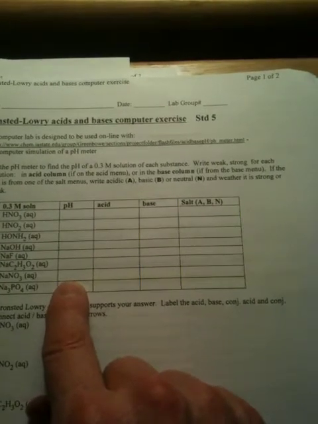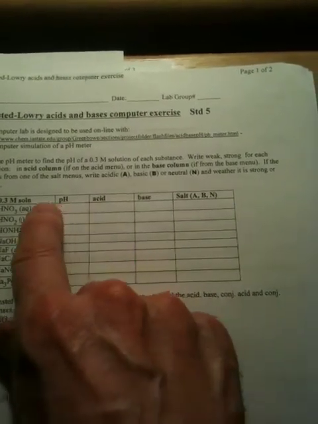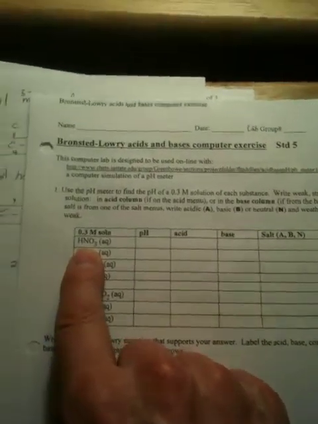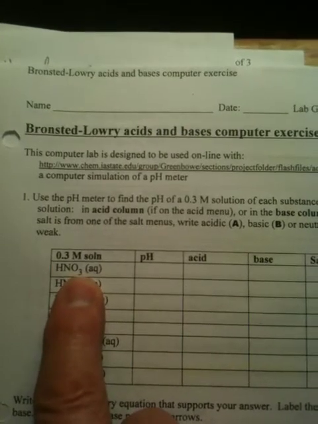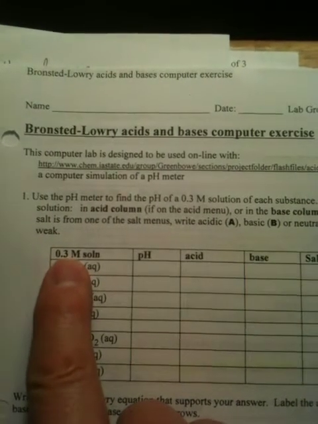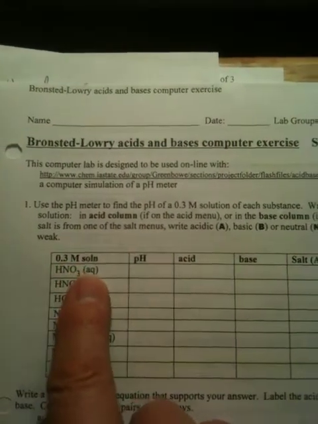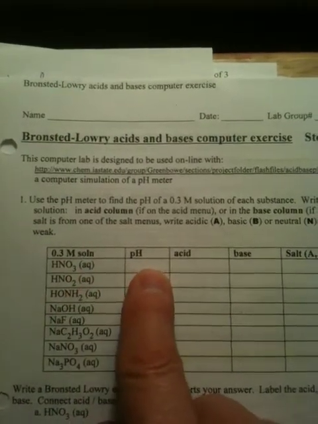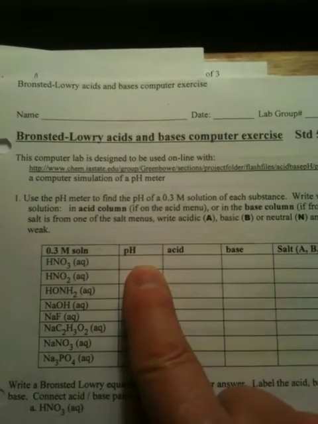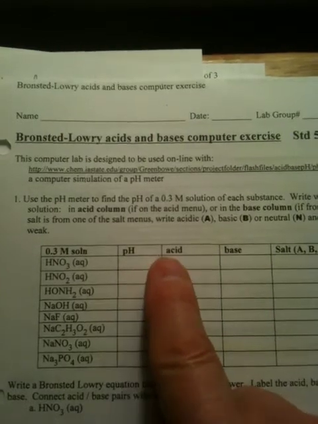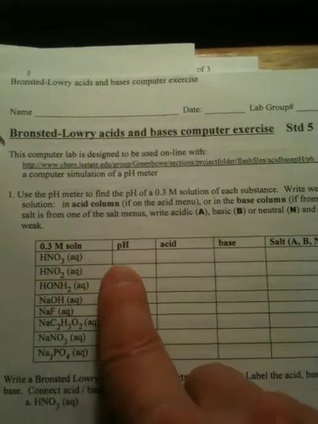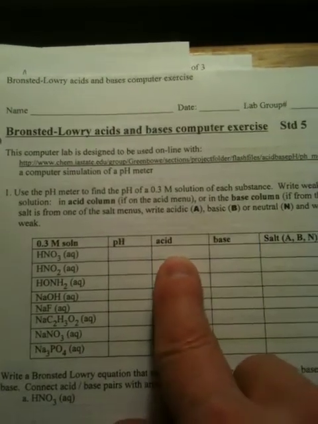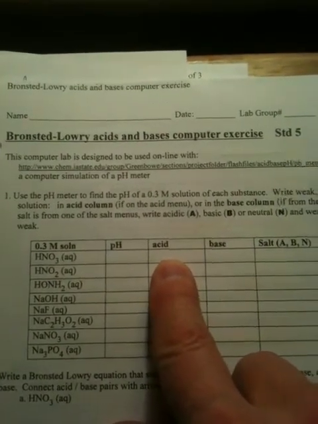Say the item is nitric acid, set up as a 3 molar solution. You dip your pH meter, get a number, and record the pH here, and because it is on the acid menu, it's going to be marked right here as a strong acid.